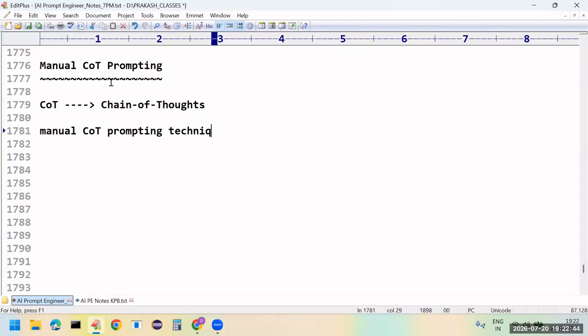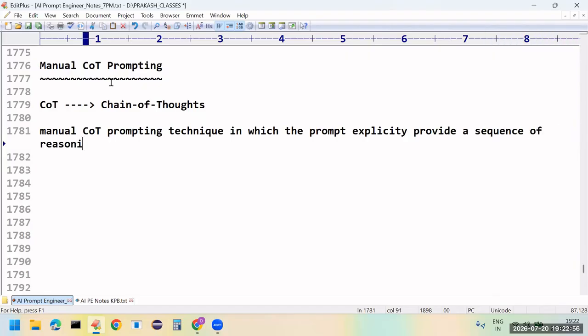Manual CoT is a prompting technique in which the prompt explicitly provides a sequence of reasoning steps that the AI should follow to solve a problem. Let me explain in simple terms.